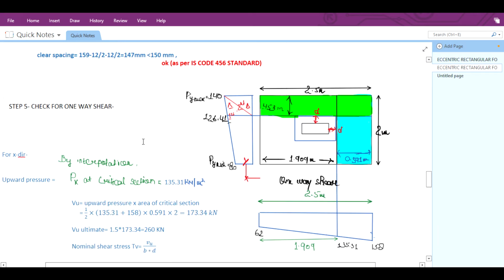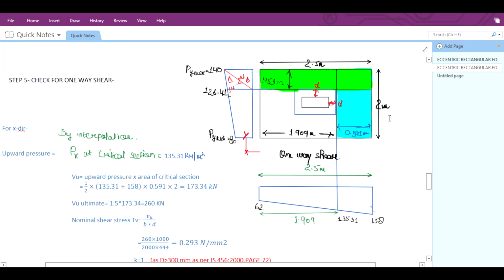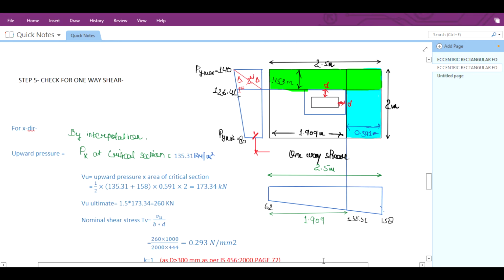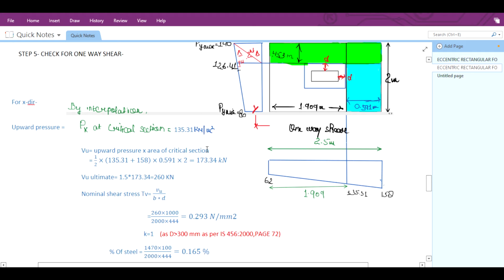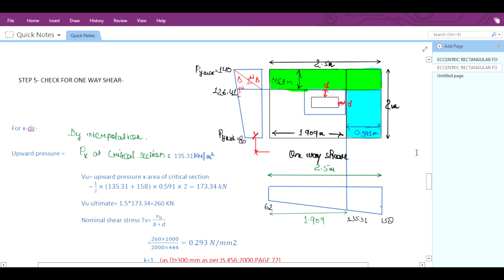Now you have to go for the check for one way and two way shear. You can calculate only for the longer direction, so that if it is safe there, the shorter direction will automatically be safe. But here I am going to do it for both the directions.